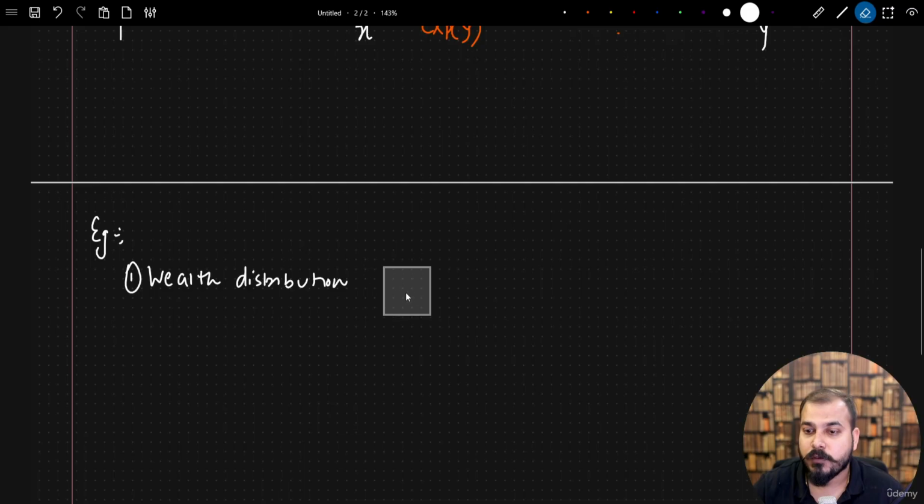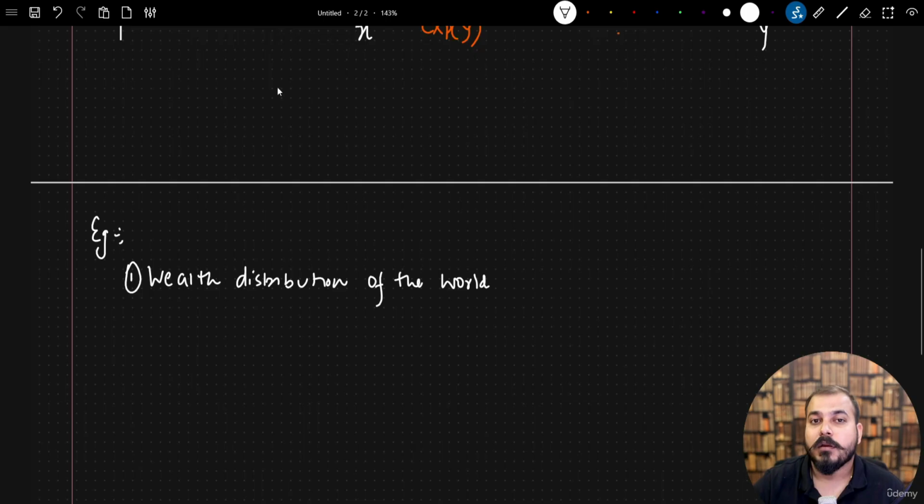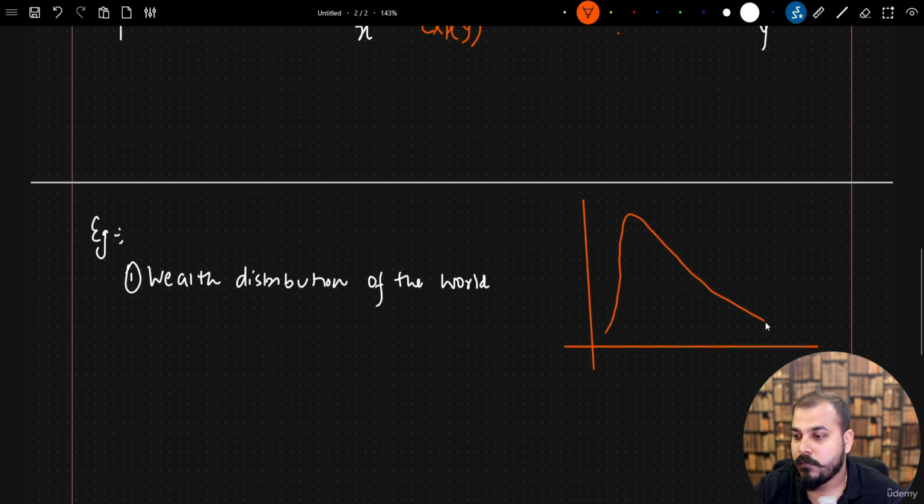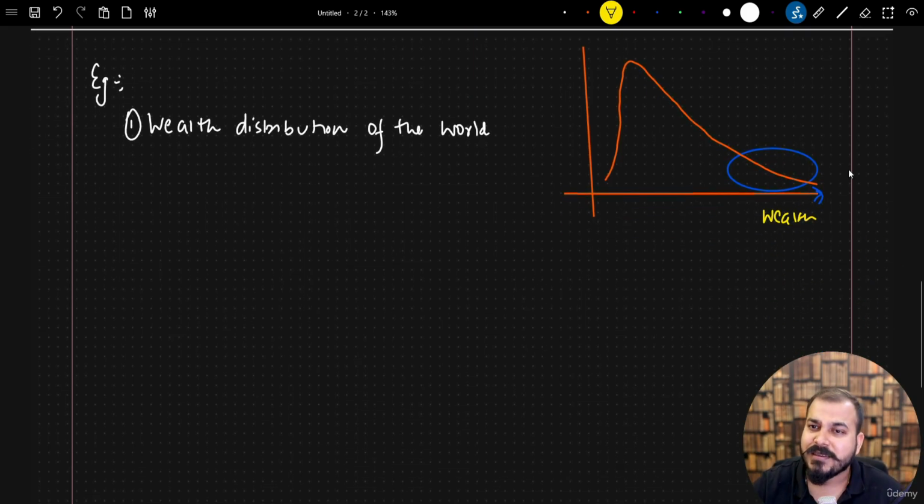Usually in this scenario, if this is your distribution, you will see that very few people have more wealth. In this world, the maximum wealth is with the richest 1% of people.